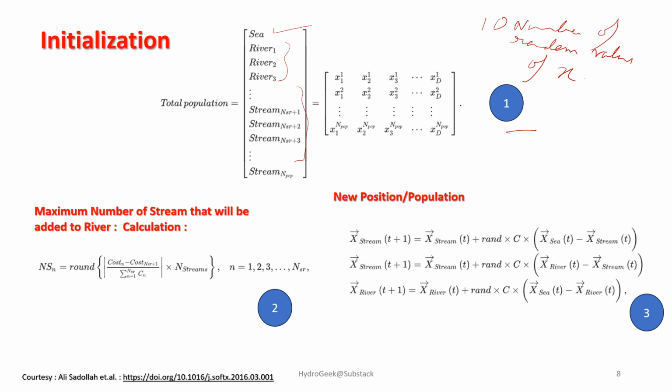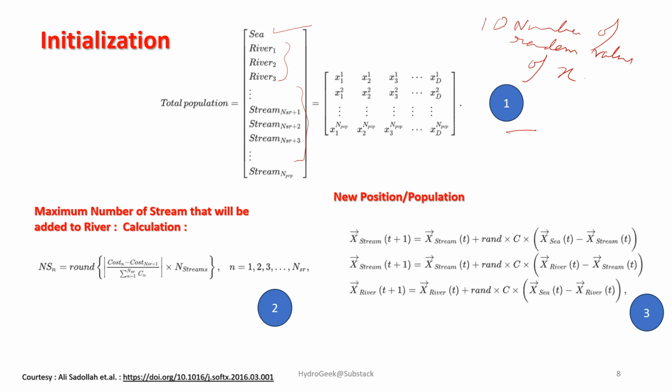Now let us come to equation 2, the maximum number of streams that will be added to the river. This is assumed by this equation 2. What is its role? You can understand in the next slide. But for now, remember that this n is the total number of streams at iteration number n. You will take the round off value.